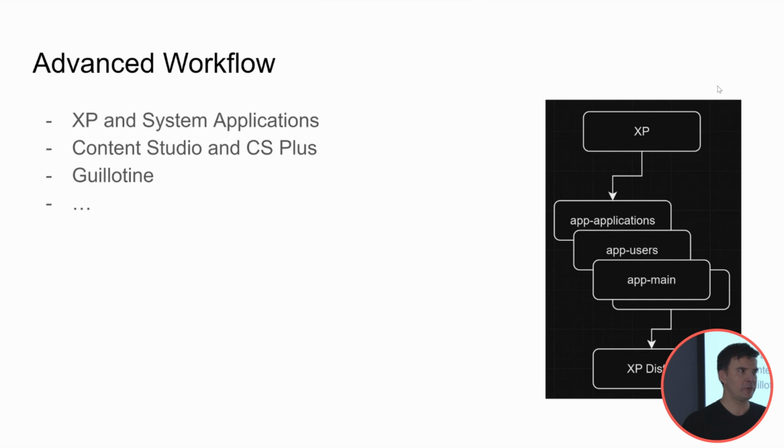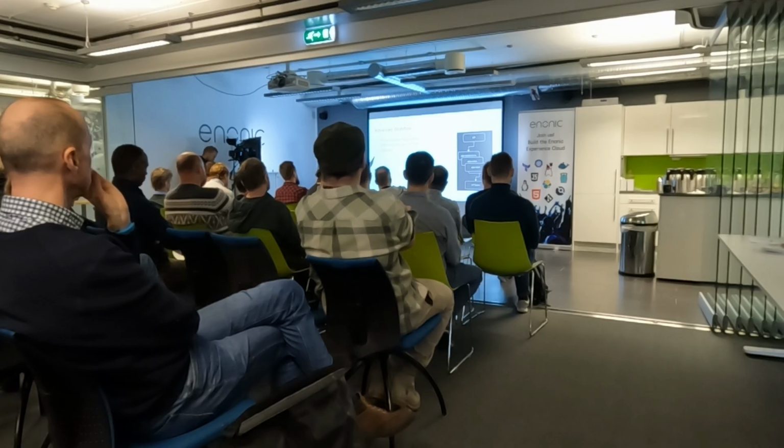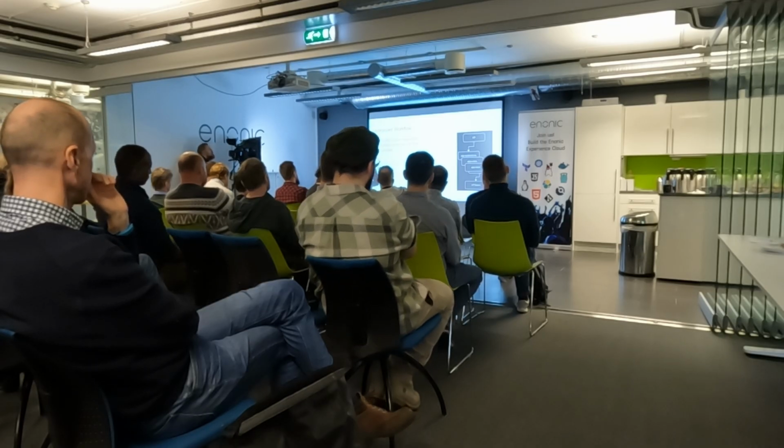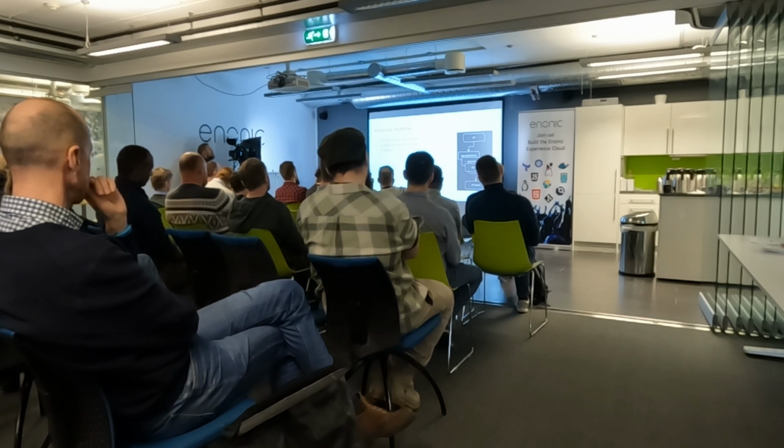This is also complex. Not only that, what if we need to write automation between them, like if this application changes, we need to run integration tests, and boom, it's actually Content Studio, which is also dependent on the new version of XP.